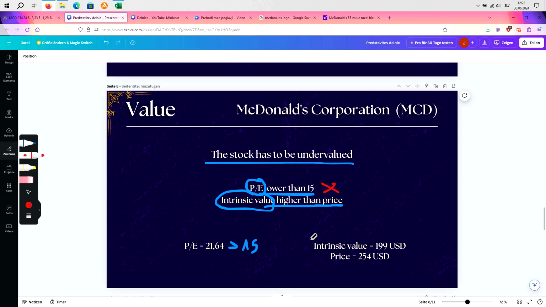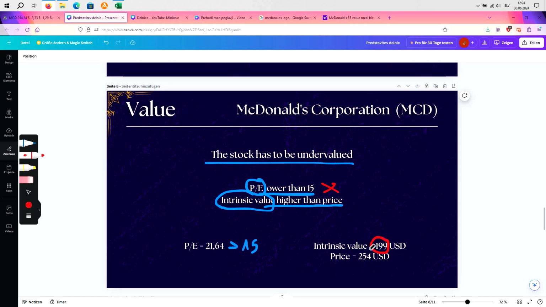So right now, the fair price based on income, based on debt, and so on, should be almost $200, okay? $199 should be the fair price of McDonald's at this exact moment. McDonald's should be priced at this price right now, almost 200.